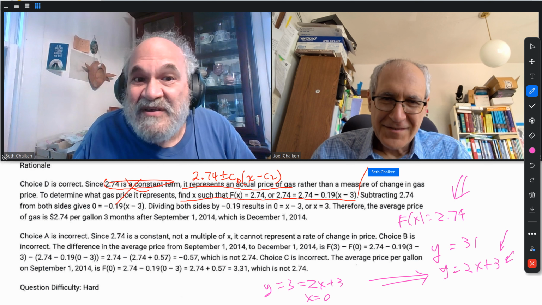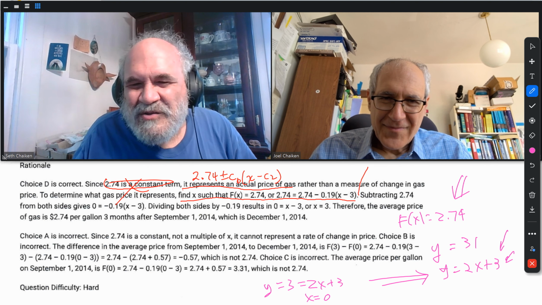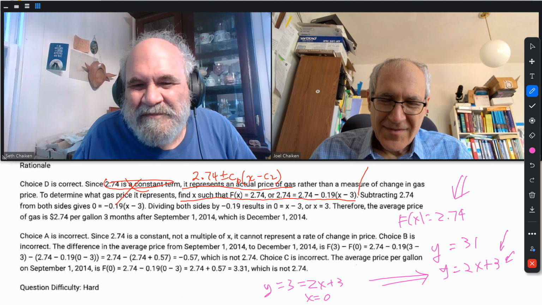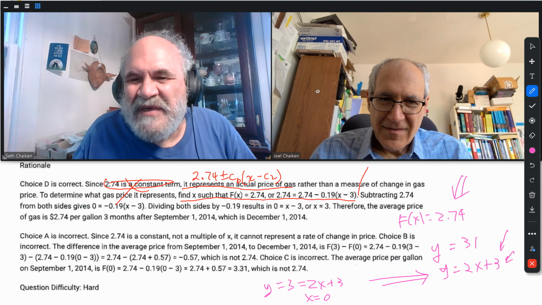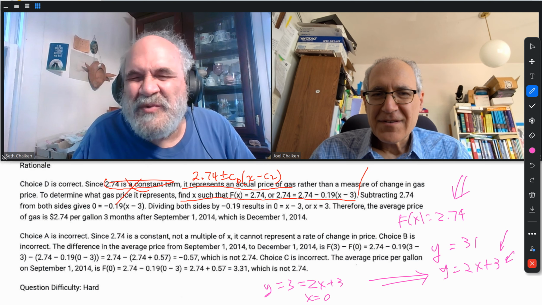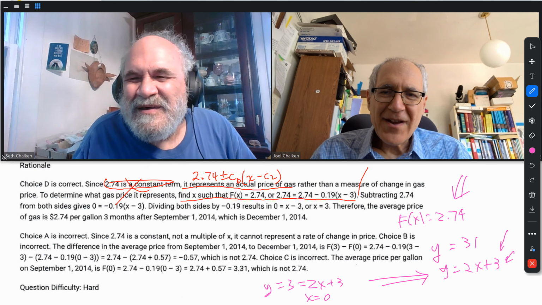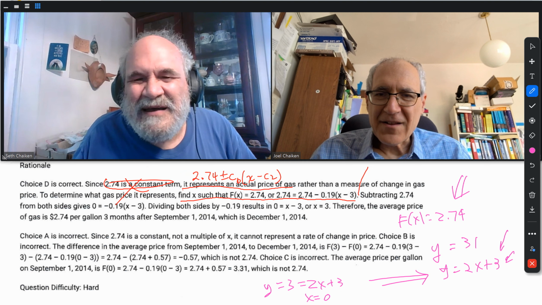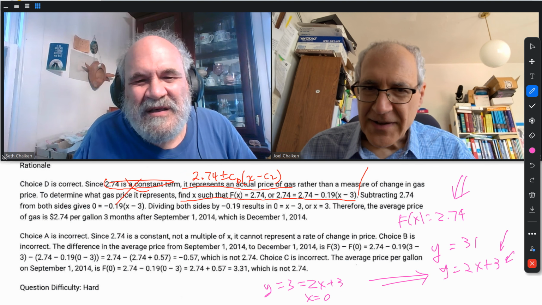Obviously, 2.74 equals 2.74 minus something, when the something is 0. Oh, that's called a pattern. And the something is 0 when x equals 3. Right, exactly.